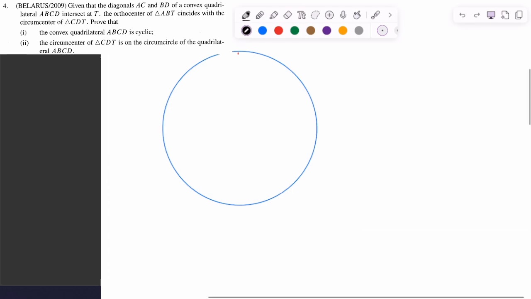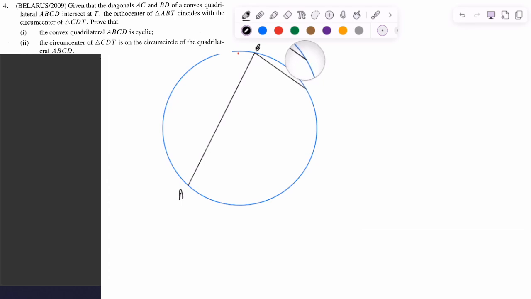So let's try this. AB and then C, hopefully this is right.